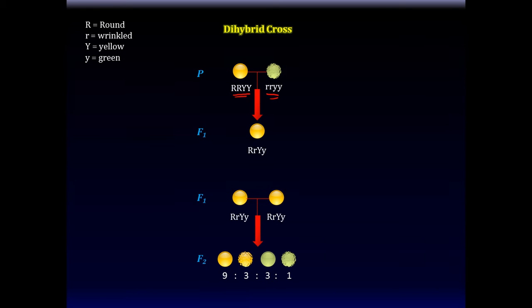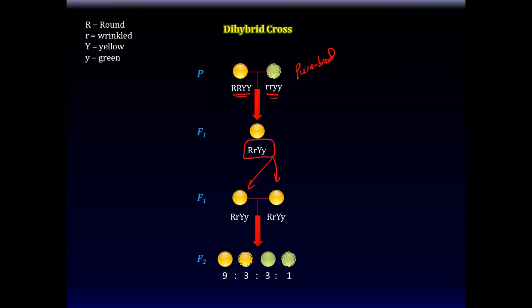So you cross these purebreds, and then you get this heterozygote plant over here. That's the F1 generation. Then you take two of the F1s and you cross them. This would be the F2 generation.